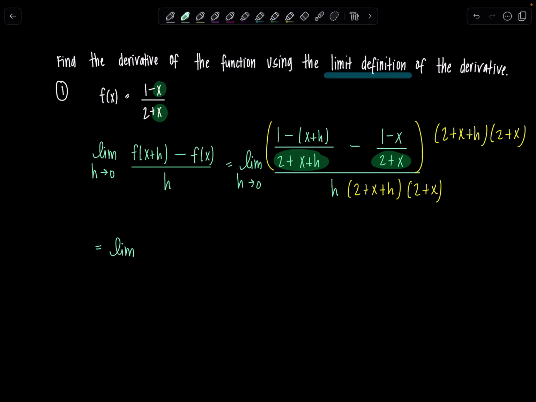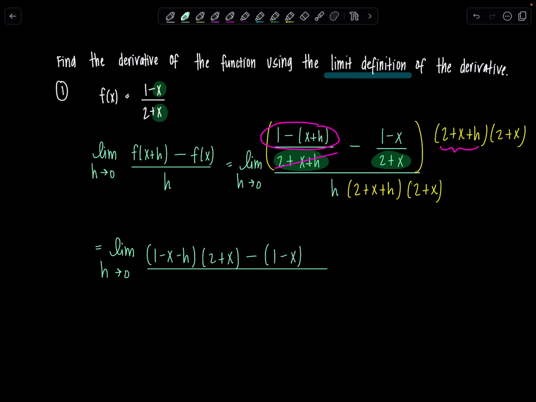So this is going to be the limit as h approaches 0. 2 plus x plus h is going to cancel with that one. So I just have this term from up top, which is 1 minus x minus h times 2 plus x minus, and then we have 1 minus x times 2 plus x plus h because the 2 plus x canceled.